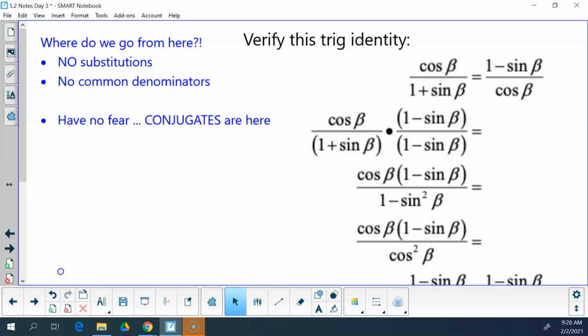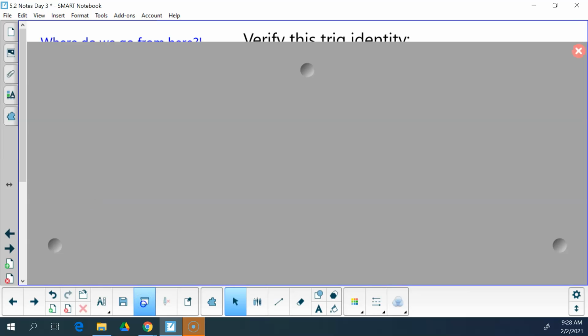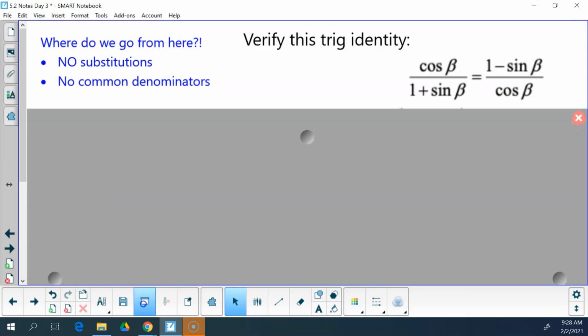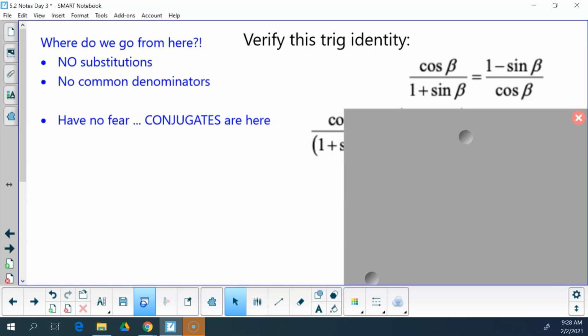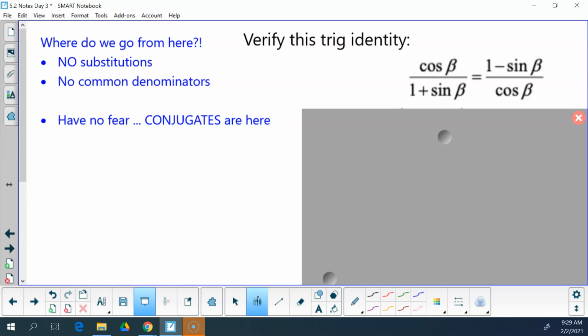So, anytime that you see that kind of a fraction, and more importantly, when you see that you've got two terms in a denominator, that's your most difficult side.